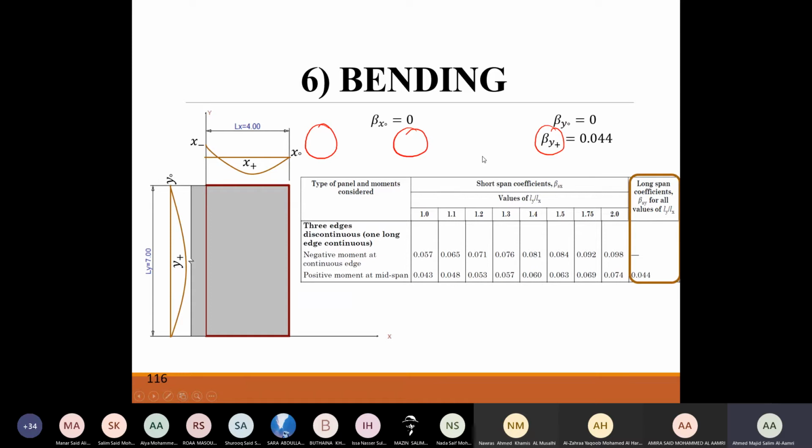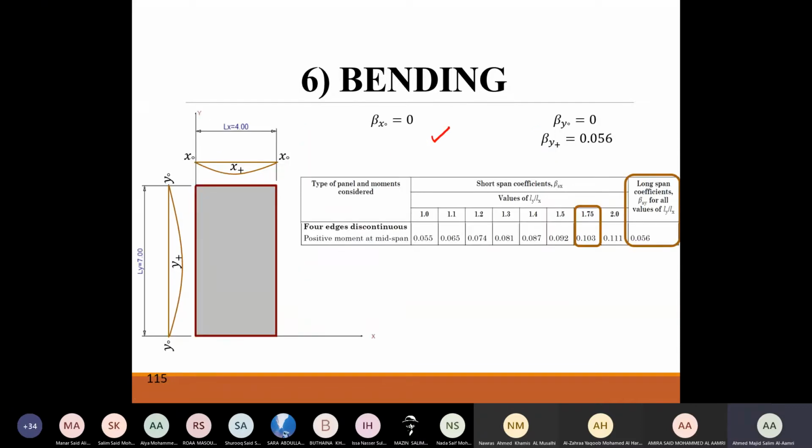Now for y positive, here it's 0.044, and in the other case, it's 0.056. So once again, this is going to be taken. So what I have done here, I have used my basic engineering to design this slab in which I took both cases, but I have ensured to use the most critical section, in which we have evaluated the coefficients, and after that we have taken the maximum coefficient.